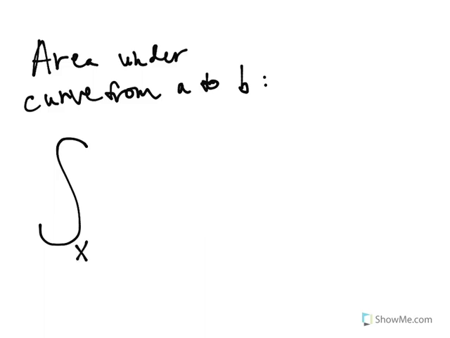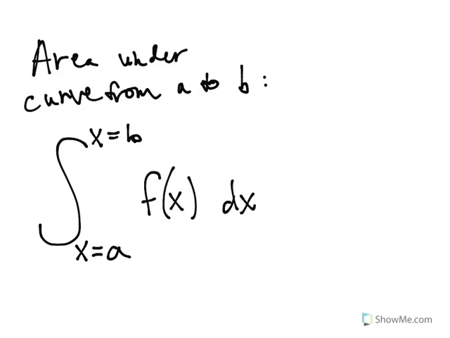And on the bottom, we're going to say from x equals A, where is your interval starting, to x equals B, where is your interval ending. We're going to call this the integral of f of x dx.